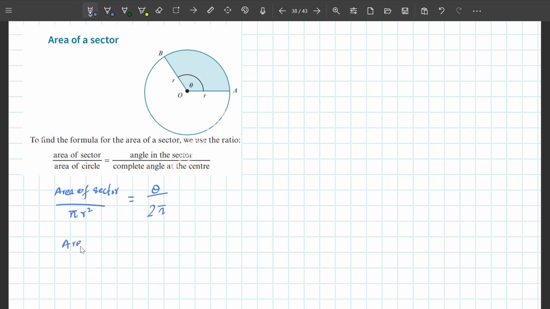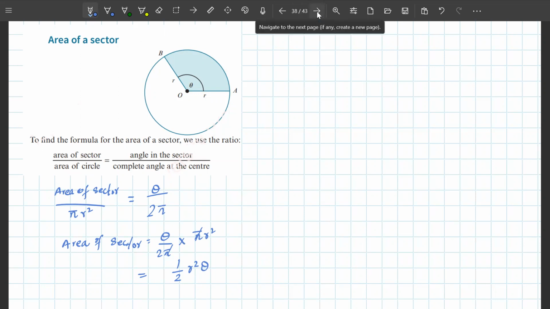Next step, area of sector is equal to angle theta divided by 2 pi, and anything divided on the left side we can multiply on the other side, so it is pi r squared. We can cancel pi and pi, so the last thing we have is 1 over 2 r squared theta. So this is the required formula for area of a sector, which we will apply in the coming questions.